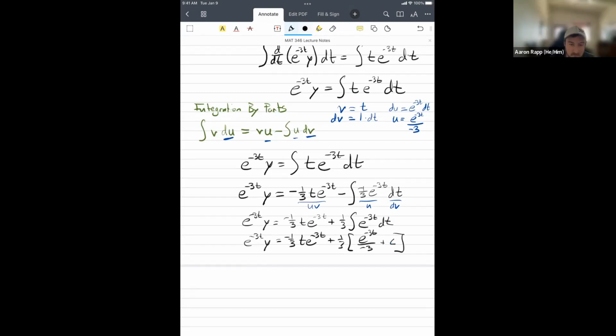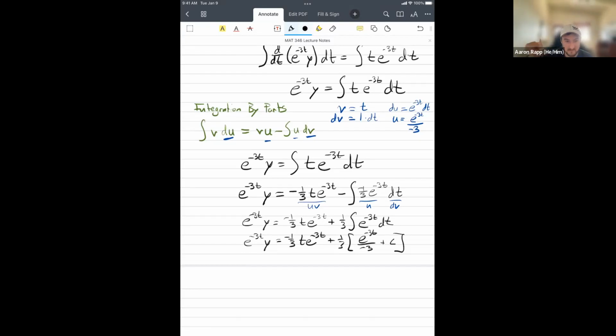And then plus some integrating constant c. And now look, do we have any more integrals to deal with? No. Do we have any more derivatives there? No. We got some stuff we need to clean up, absolutely. But now I just have my variable y and a bunch of other stuff, and I can actually solve for that y, figure out what the solution is supposed to be.